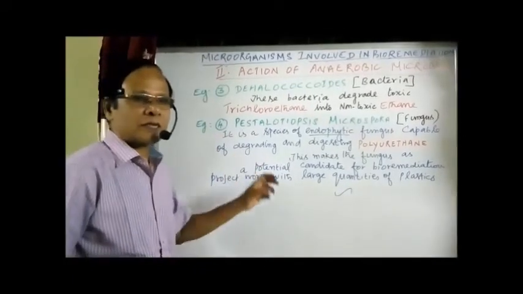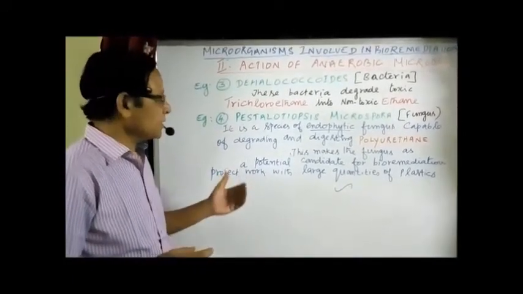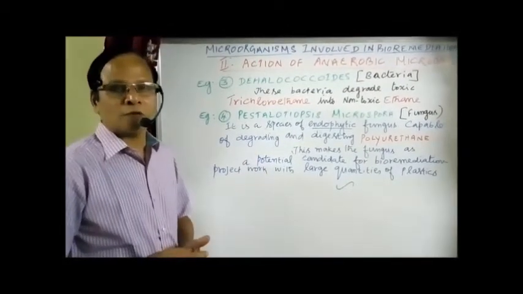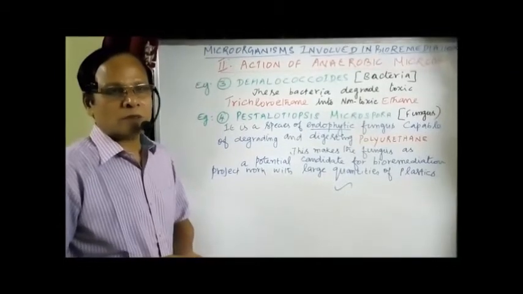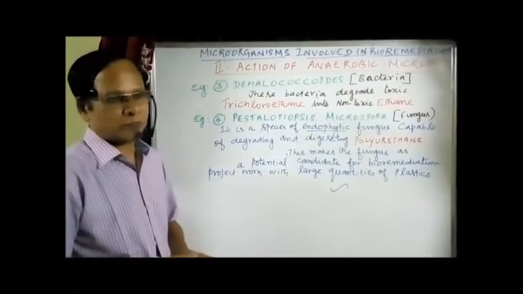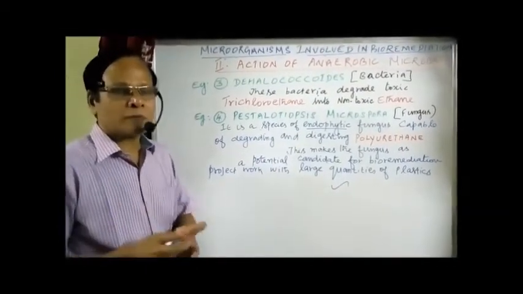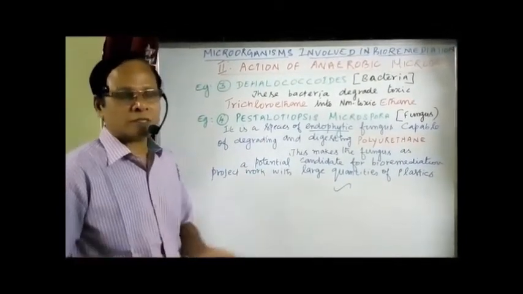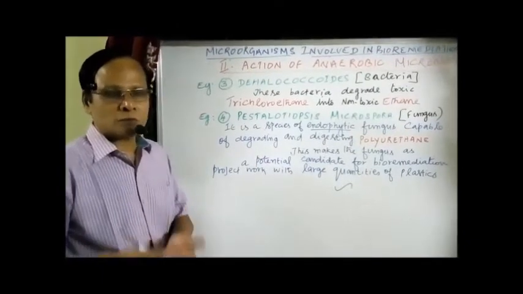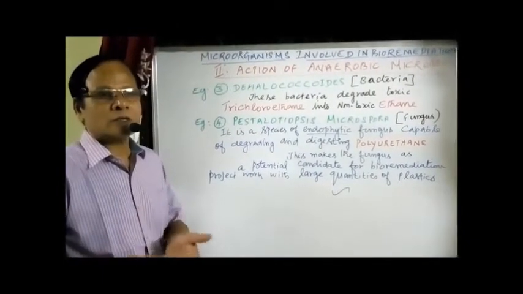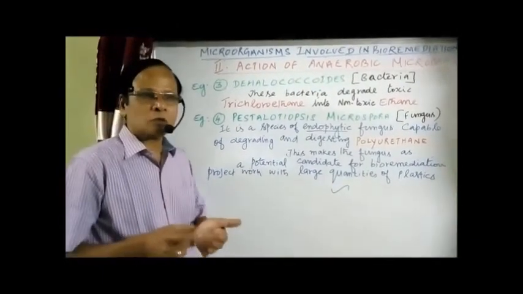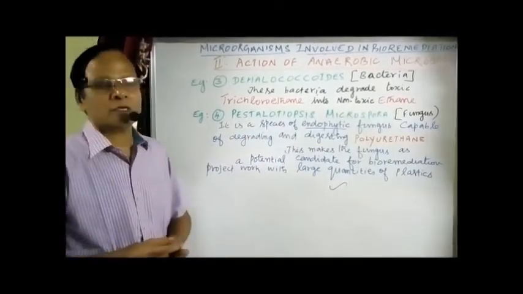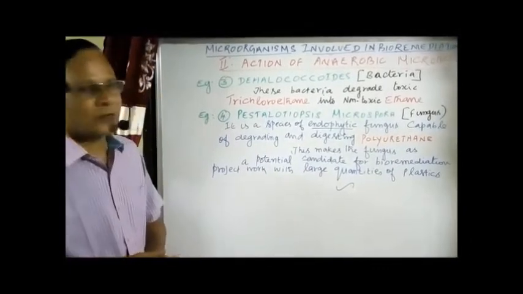Because of its activity, it is being considered as the most potential candidate for bioremediation projects with large quantities of plastics. So this is the most suitable candidate for a bioremediation project where large quantities of plastics are available. There is the importance of Pestalotiopsis microspora, a fungus.